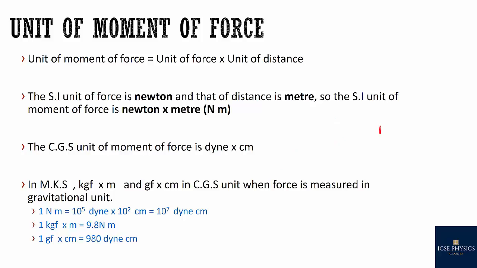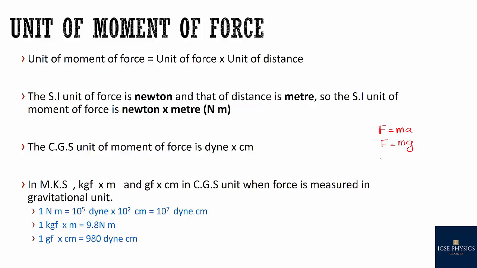Let me write it here. Force is equal to mass into acceleration. When force is measured in gravitational unit, what can we write? F is equal to m, and instead of a we will write acceleration due to gravity, right?